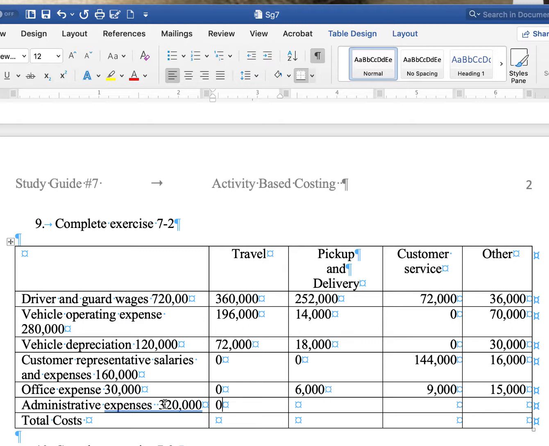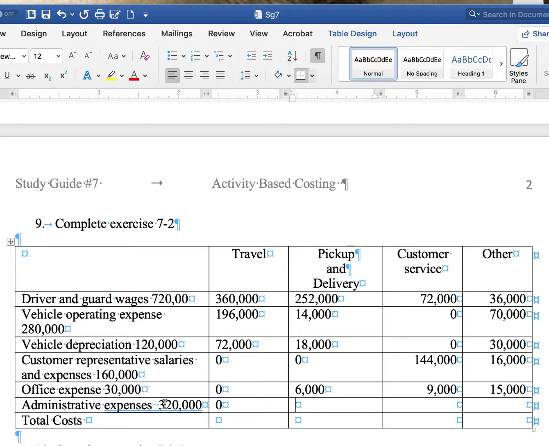They allocate none of their time to travel. Okay. Well, what about pickup and delivery? Well, actually, pickup and delivery is 5%. So what we're saying is, when we talk to the head of administrative, out of all your people, how much time would you say that they work on pickup and delivery tasks? About 5%. So that means 5% of that administrative expense is consumed by the activity of pickup and delivery.